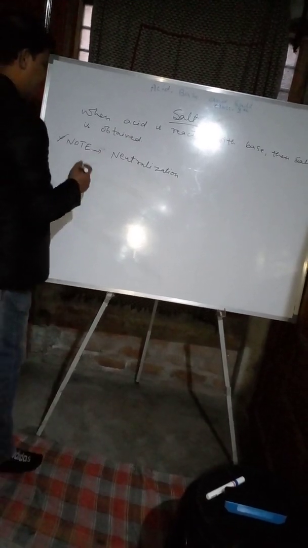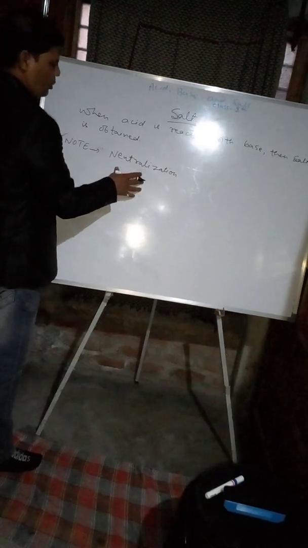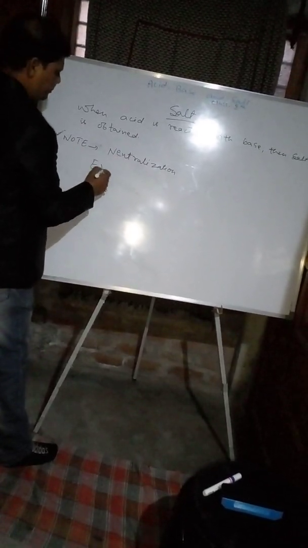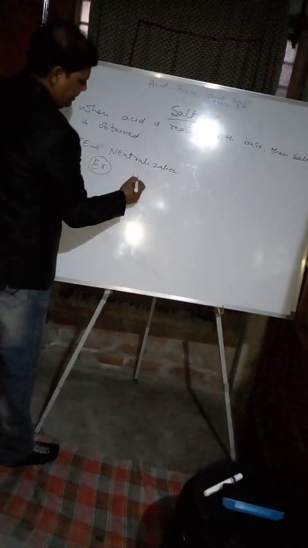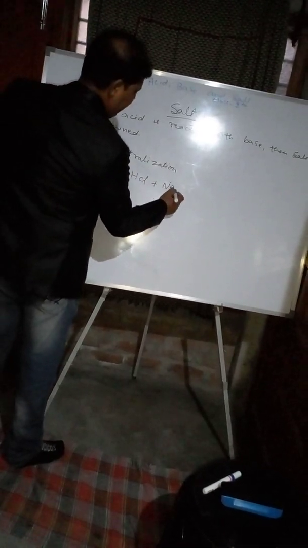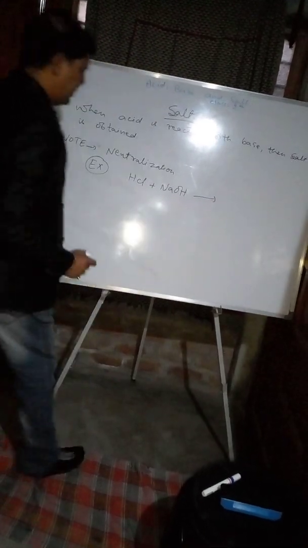For example, this is a process called neutralization, and what is the example? Acid. Just think about hydrochloric acid reacted with base NaOH. Think about the mechanism.